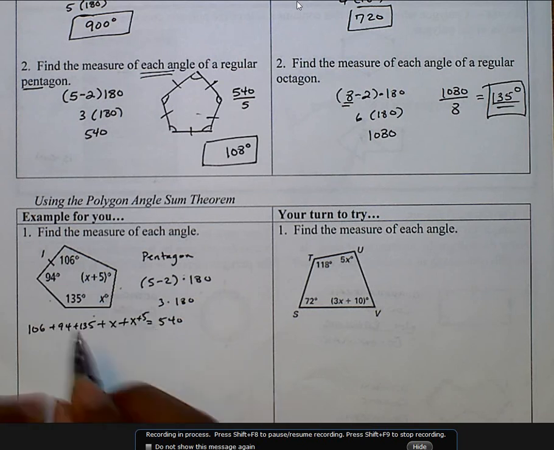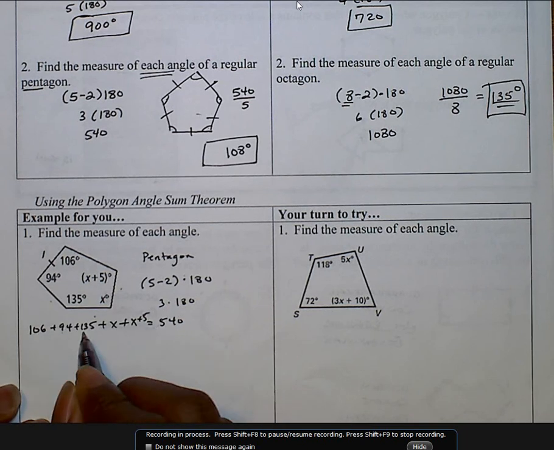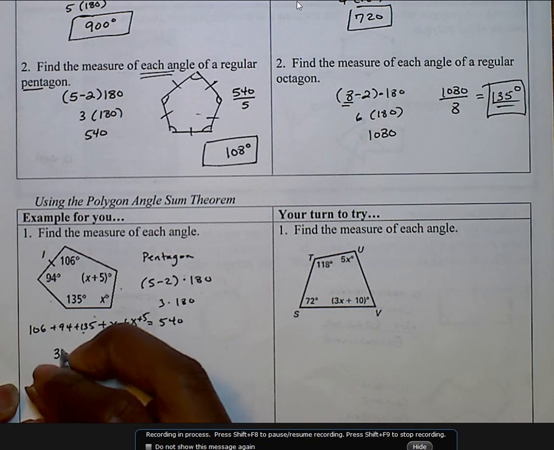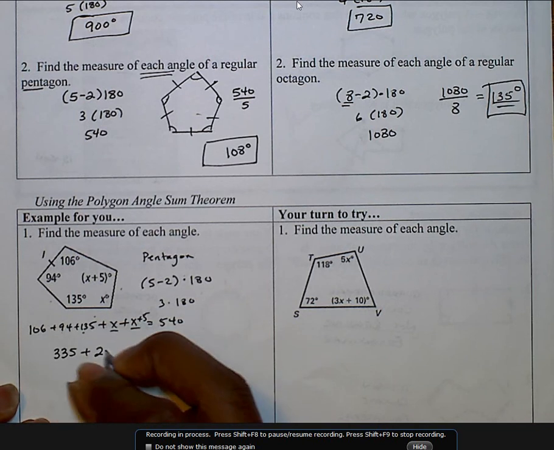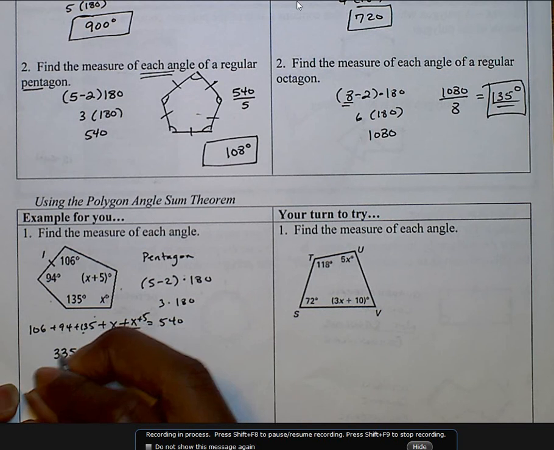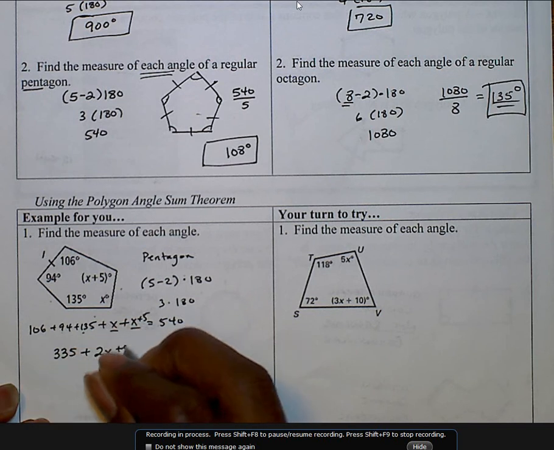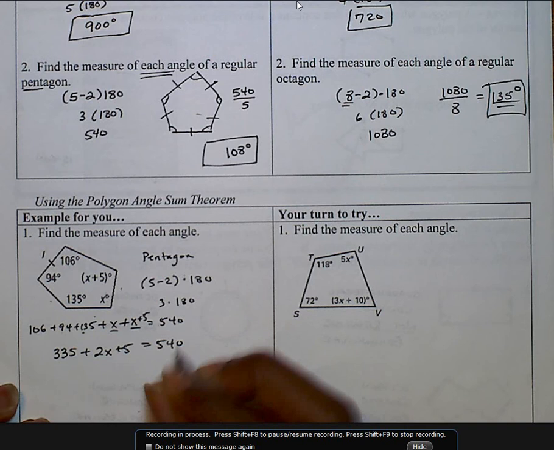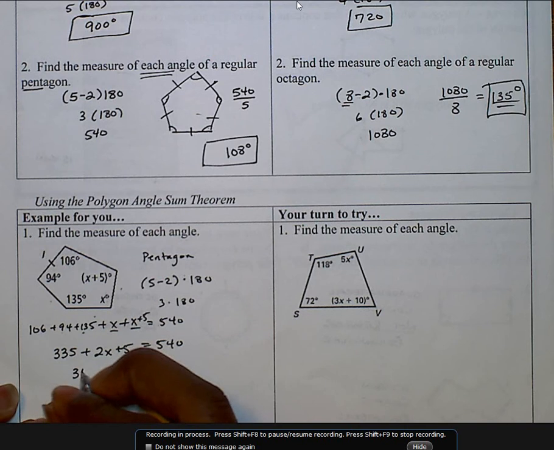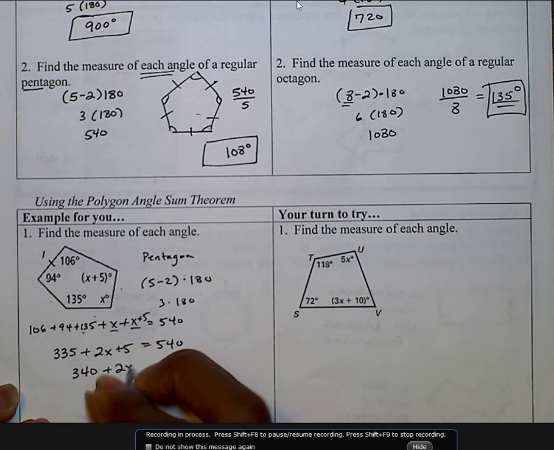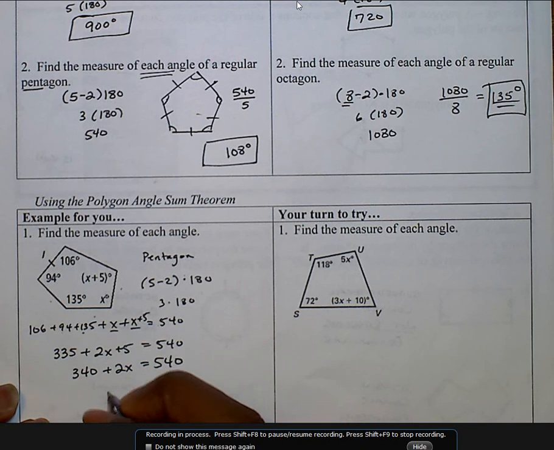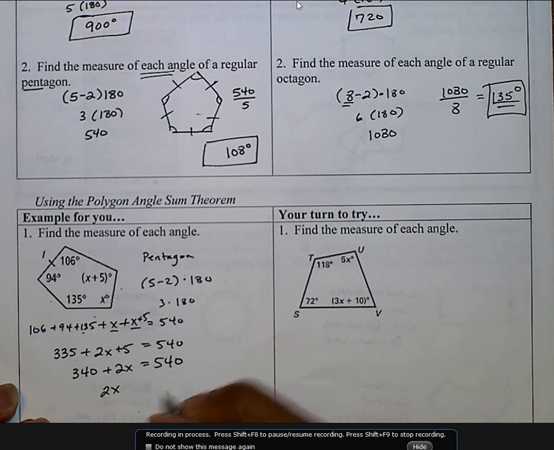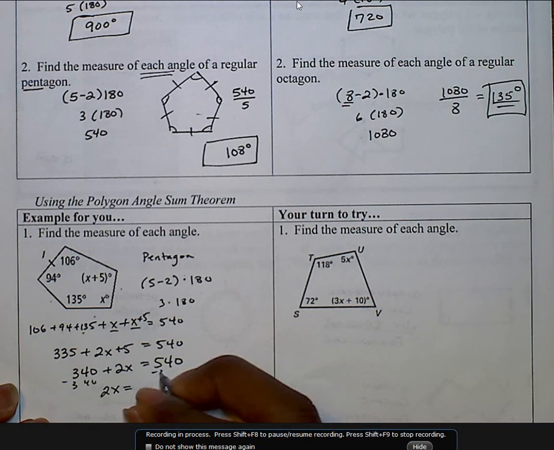I want to simplify this. This is 335 plus 2x, plus 5, so I guess 340 plus 2x. Okay, so I have 340 plus 2x equals 540. Doesn't look like it's going to be too hard to solve. 2x then should equal, subtract 340 from both sides, 200.